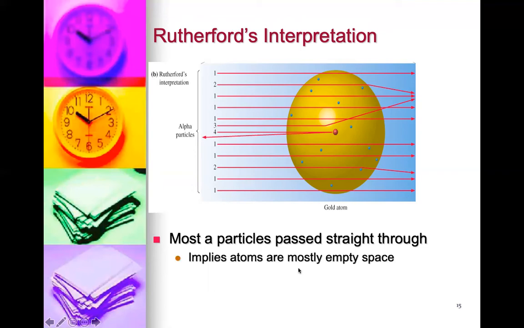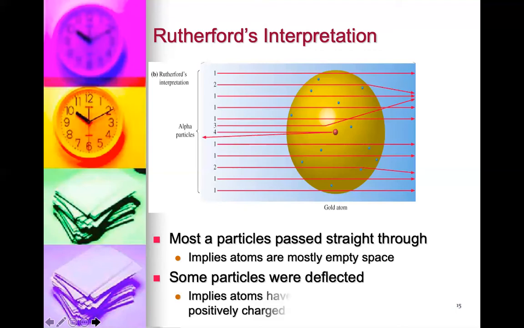Based on that observation, the conclusion, for example, most particles pass straight through means that the atoms are mostly empty space. That is the conclusion from observation number one. Some particles were deflected.